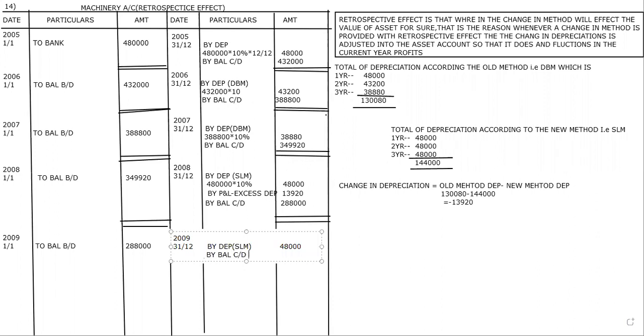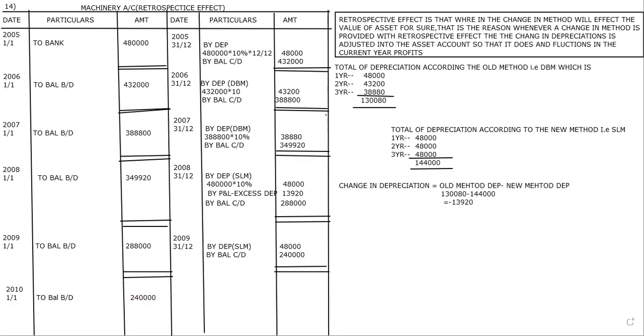Balance carried down 2,40,000. That's it. So this I'm going to write in the next year as 2010 January 1st: To balance brought down, which is 2,40,000.